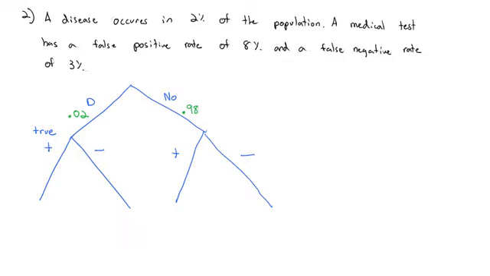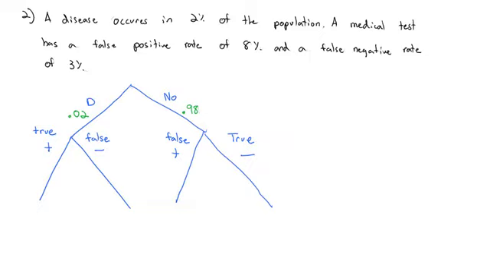A true positive means you have the disease and you got a positive. The negative would be false or incorrect. So a false negative is going to be on the second branch here. If you don't have the disease on the right, a true result would be negative, that you don't have the disease, which means the false positive is that third branch there.